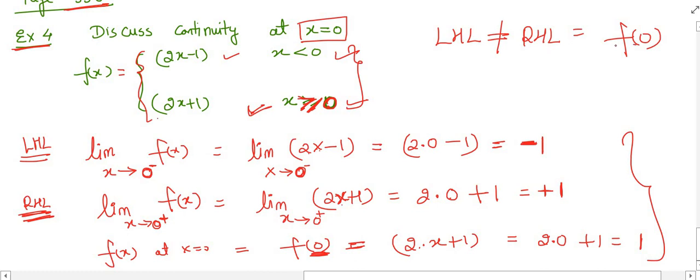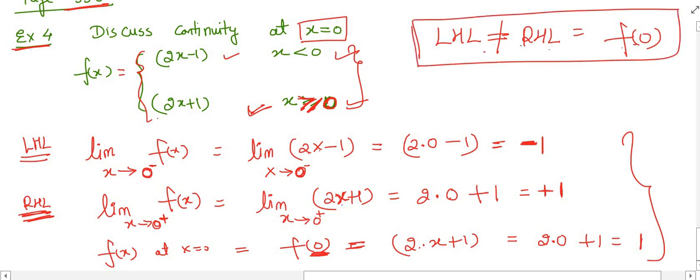These two are equal, but these two are not equal. Because of that, the function is discontinuous at x is equal to 0. Because for continuity, all three should be equal. Okay, practice again this one. We'll do next question.